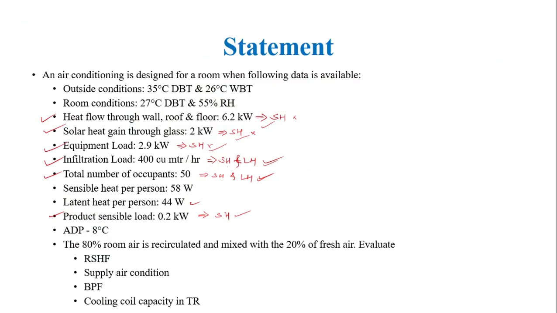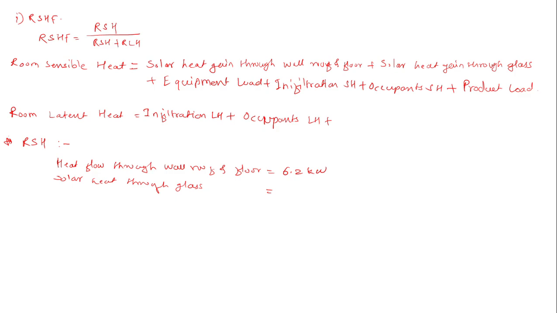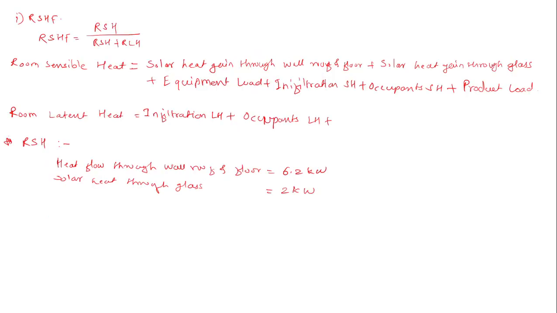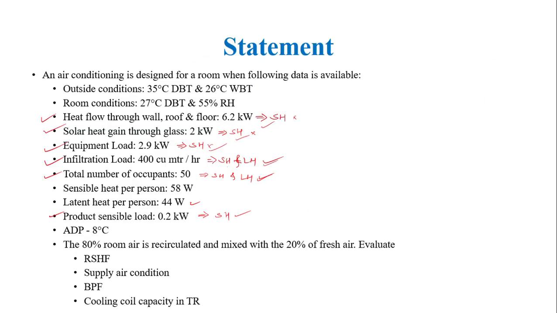It is 2 kilowatt. You take it as it is. Then equipment load is also directly given, 2.9 kilowatt, fine. So you take it as it is. Now in this statement lighting load is not given, so need not consider it. If it is given, you should consider that lighting load, and that will fall under the sensible heat only.